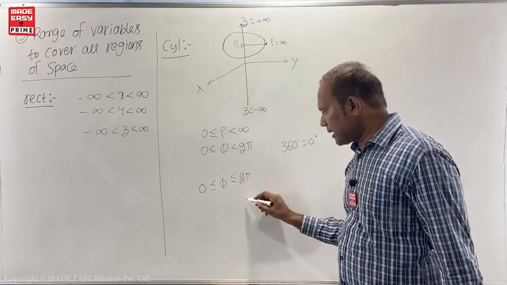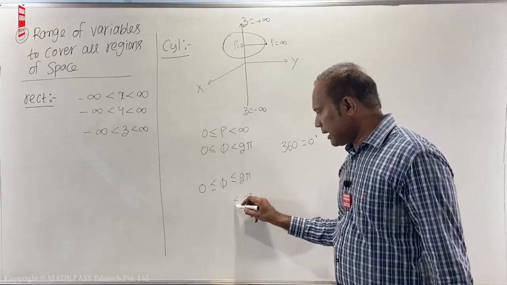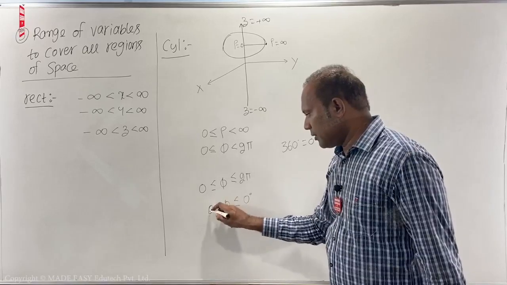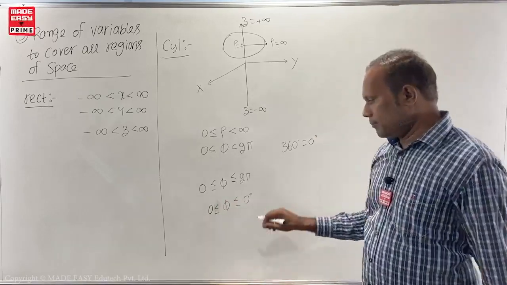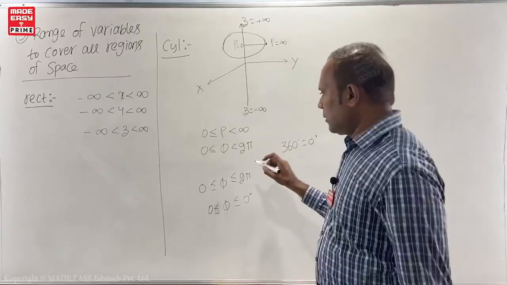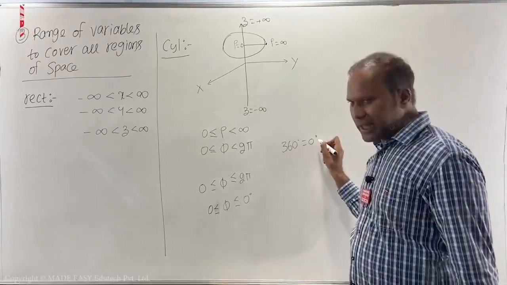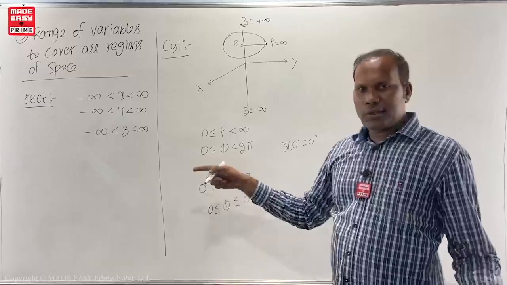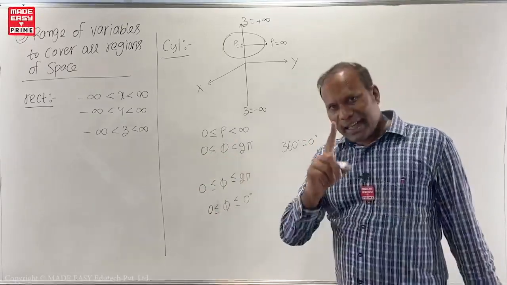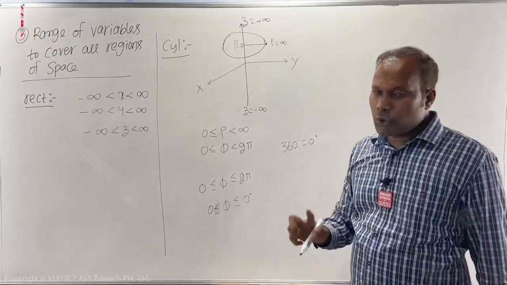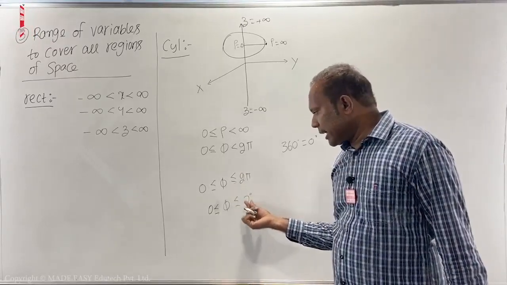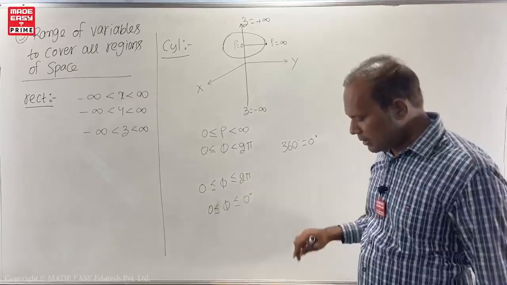Then the range becomes 0 to 0. So you should not put equal to here. Actually 360 means 0 degrees, and 0 is also 0. So 0 should be only one time in the range. It should not be 2 times. If I take equal here, then 0 comes 2 times. That is not correct.